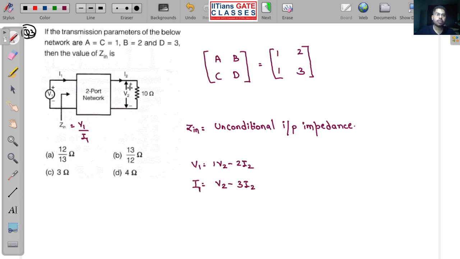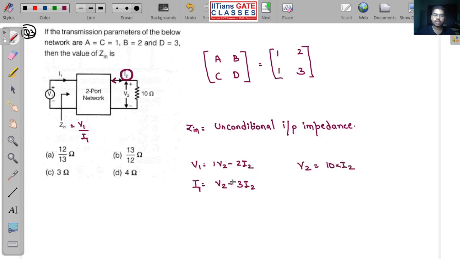Now look at the terminal current. The terminal current is I2, given in this fashion, but we know for a two-port network the current is always going inside the port. Here they have given I2 like this. So V2 is equal to 10 R into I, so 10 into I2.